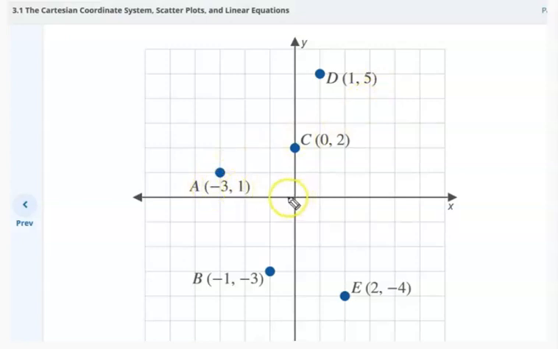So you start at the origin. Since x is negative, you're going to move to the left 3 units, up 1, and put a dot there, and then label it A, and then the ordered pair. Then doing B, (-1, -3), go over to the left from the origin, 1, then down 3, and so on. So take a moment, see what is being asked, and put that on this graph. We'll pause.